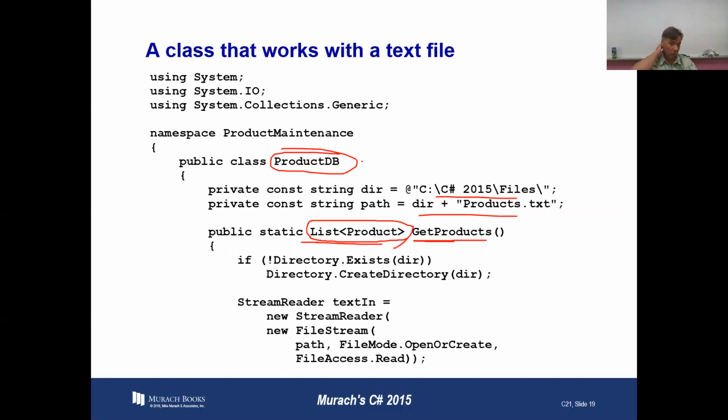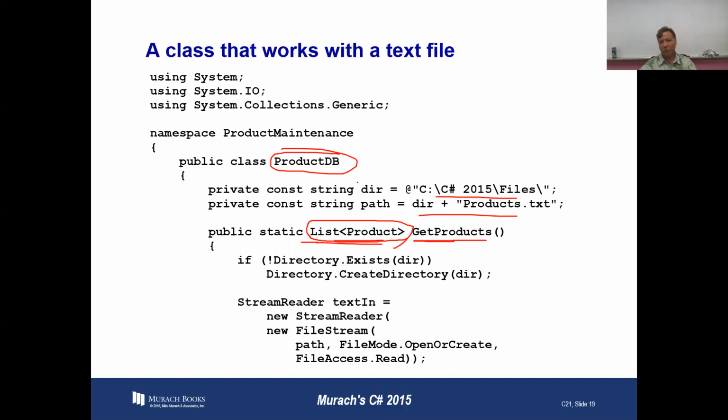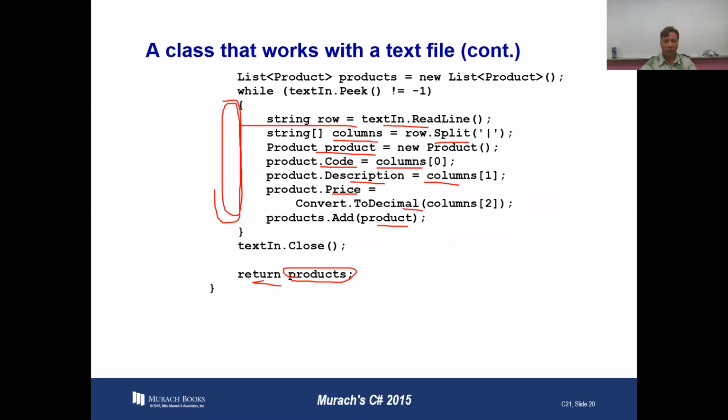You can just use it. So you say productdb.getProducts, and it's going to go out there and read up the products and return a list of products. With that list of products, you can use it to populate a list box or whatever.